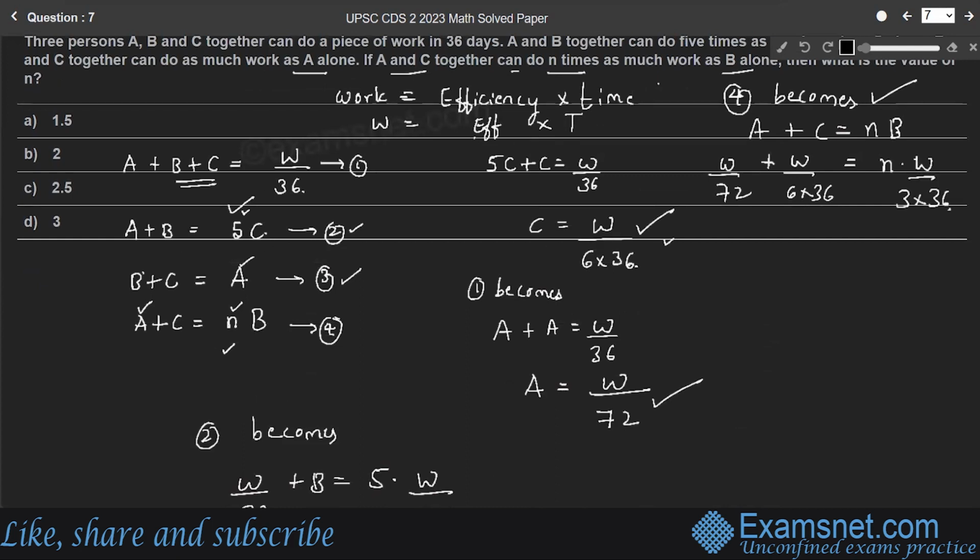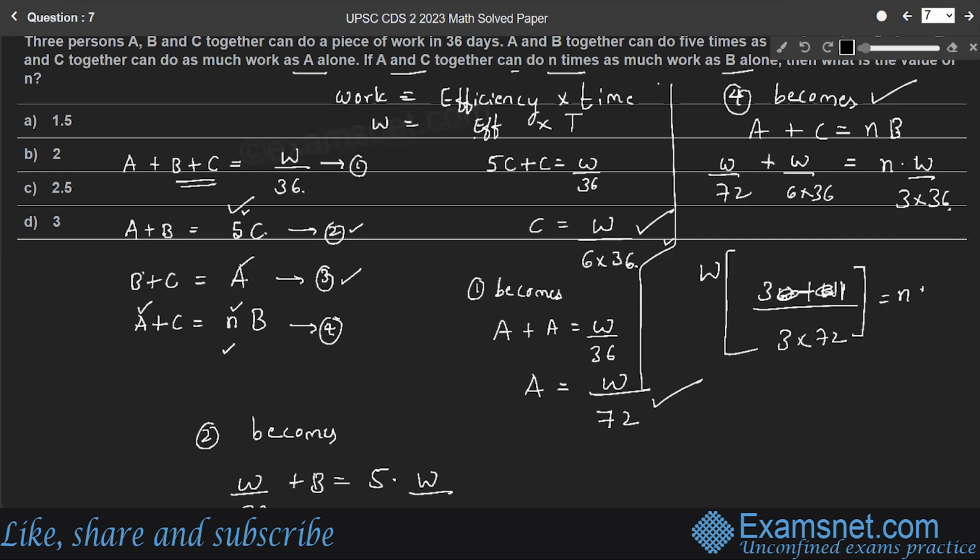You can take out W as common so that we can cancel W and W in the LHS and RHS. And here 3 into 72 is the LCM, so the numerator becomes 3W plus W, equal to N, since W is taken out, 3 plus 1.